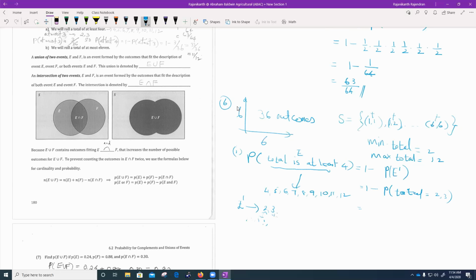To get the number 3, I have 2 more outcomes, 2,1 and 1,2. Therefore, in total, I have 3 outcomes. Therefore, the probability of getting a total of 2 or 3 is 3 outcomes out of 36. Therefore, if you simplify this, you will get 33 over 36. If you divide by 3, you will get 11 over 12. That's my answer.